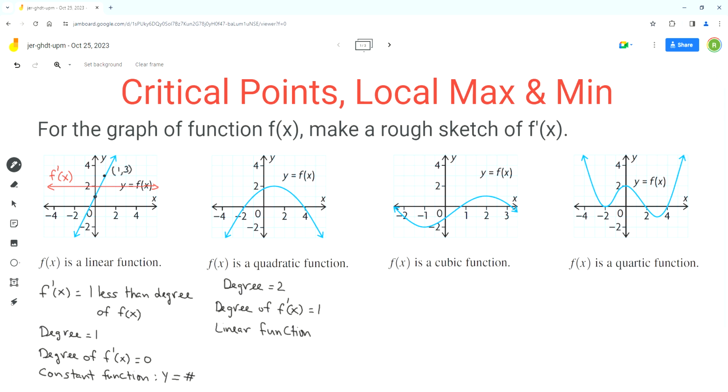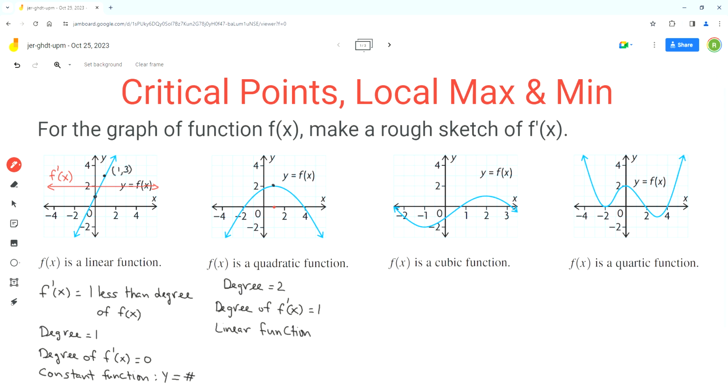Now we can see that in the given graph of f of x, there is a local maximum at x equals 1. So at that point there should be the x-intercept for the graph of f prime of x. So the first point for f prime of x is this x-intercept.